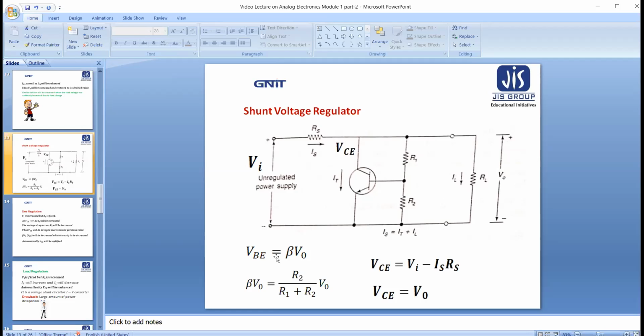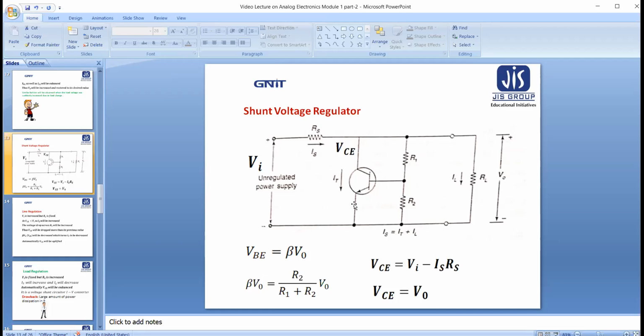So here again R1 and R2 provide the potential divider network which produces the output feedback voltage, and depending on the feedback voltage the transistor will draw different current, and therefore the rest of the current will go to the load resistance. So first we will see VBE.